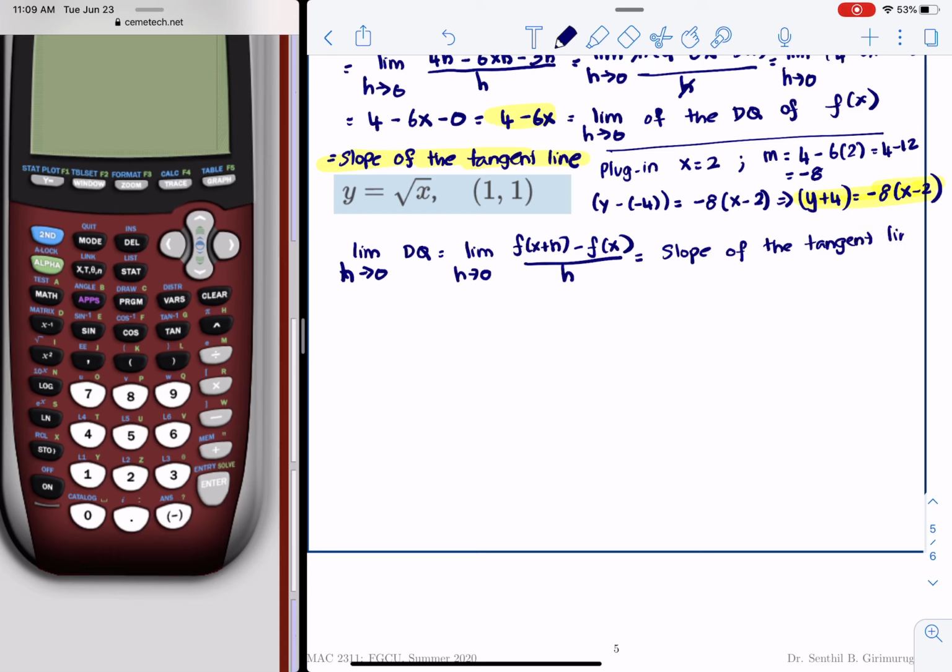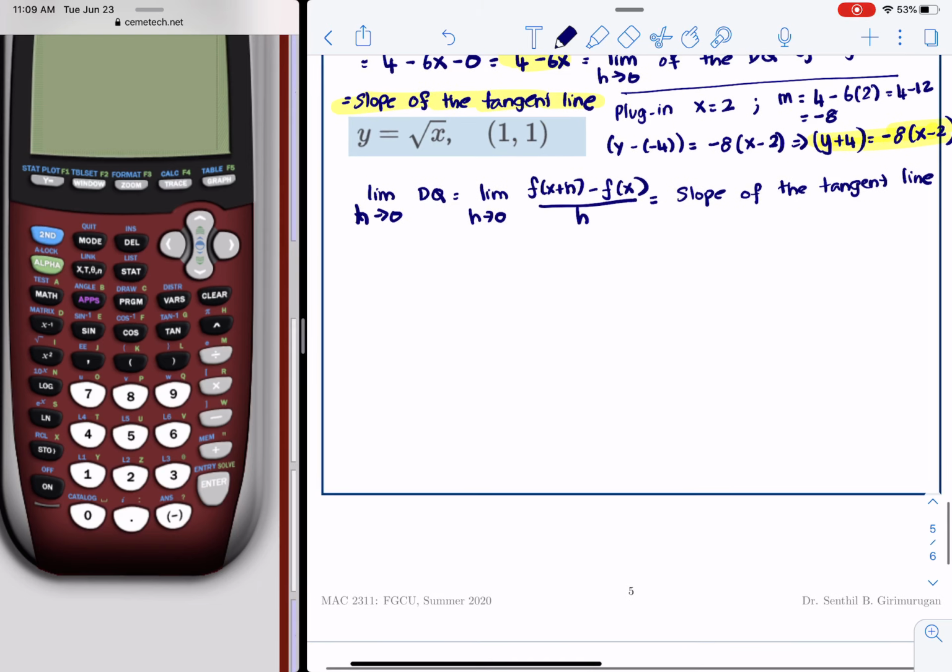So we have the point already. If we find the slope, then we can put it in the point slope form, and if we can put it in the point slope form, we could write it in the slope intercept form. So let's see.